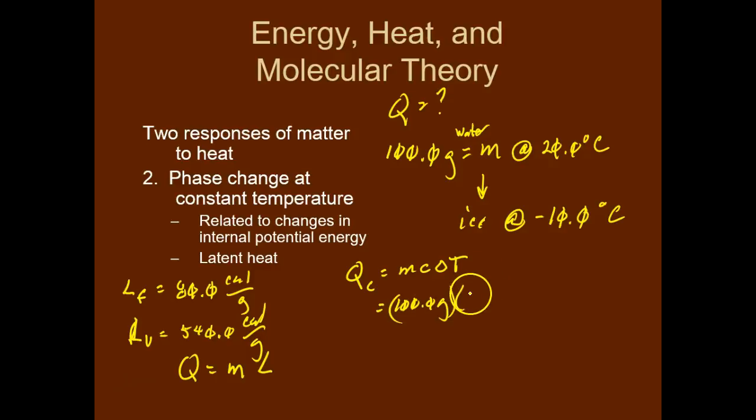Okay, pretty hard, huh? 1.00, in fact. What units? These are the more important things. Oh, you did it in lab. Calories per gram degrees Celsius. Perfect. Okay. And then what's your delta T?